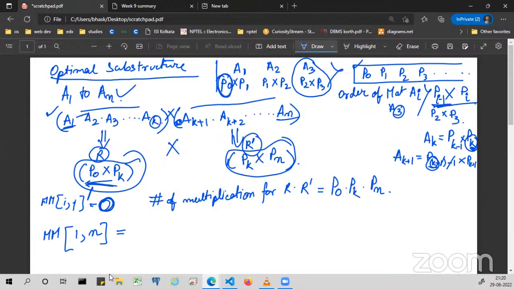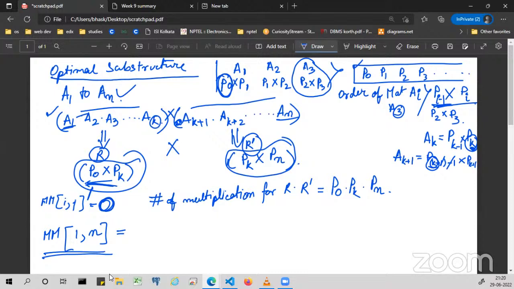Okay, so that's the idea. What is the question asking you? The question is asking how many multiplications are required to multiply A1 to AN in a minimal way. We discussed there are multiple ways of multiplying and you can have a different number of multiplications in either way. Our question is to have the minimal number of multiplications. So when I write MM[1][N], that means the minimum number of multiplications required to multiply A1 to AN matrices, and that would be stored inside this array.